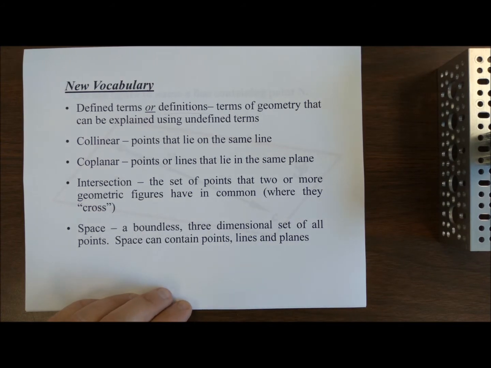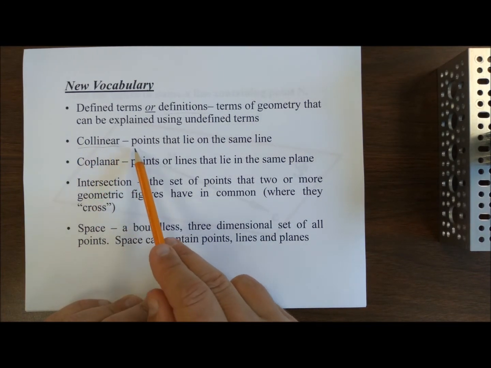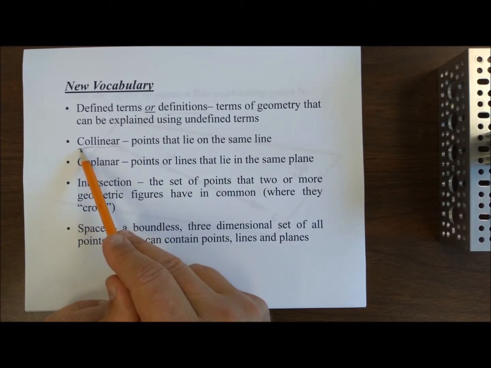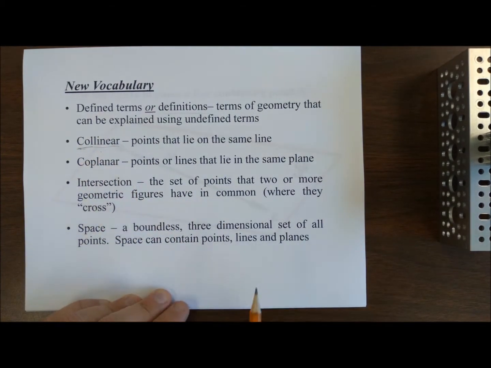Some of these definitions are collinear, which we talked about briefly in the last slide. Collinear points are points that lie on the same line. They share the same line. If they're non-collinear, then they're not on the same line.